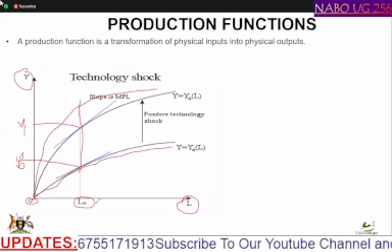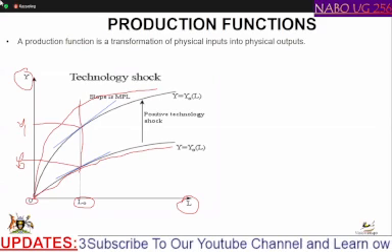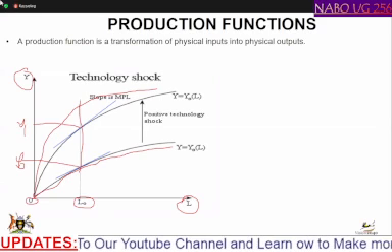What about this short run production function?